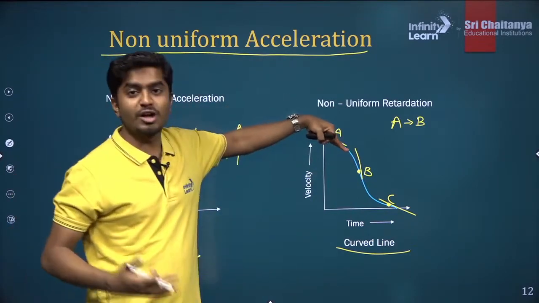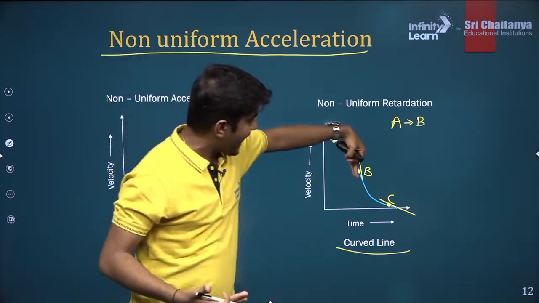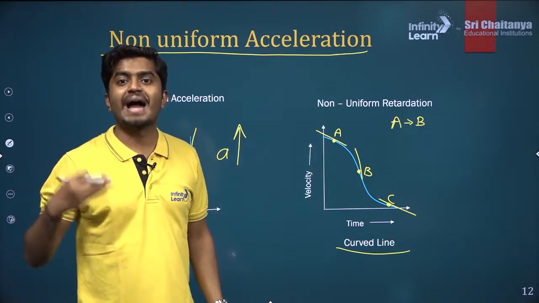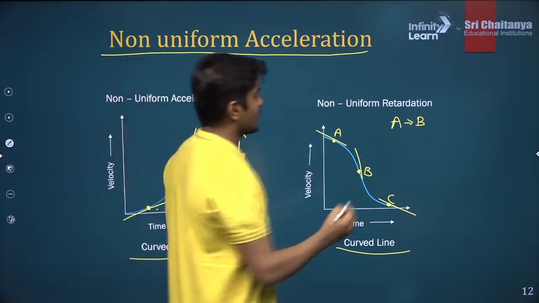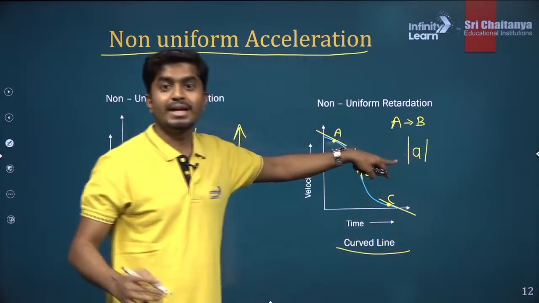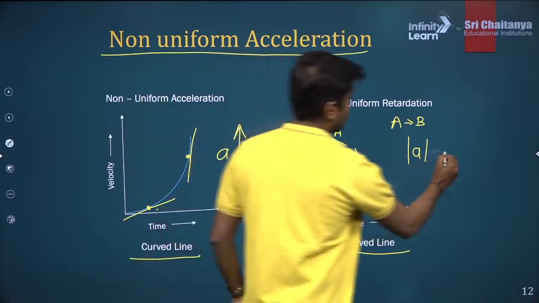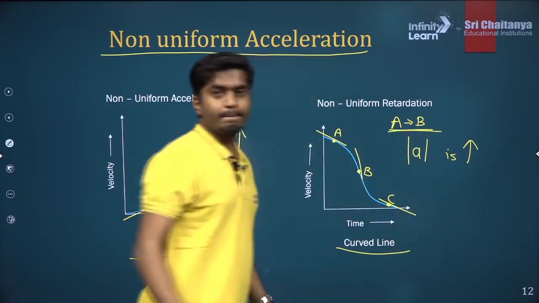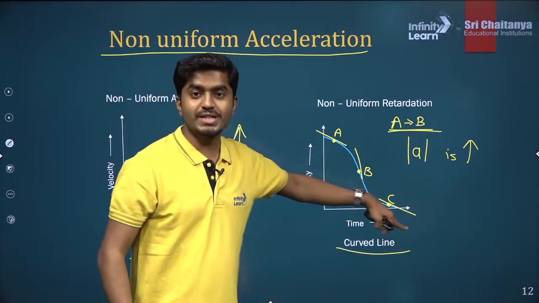Earlier the tangent is not that steep, but at point B the tangent becomes steeper. So the magnitude of acceleration is increasing from A to B.